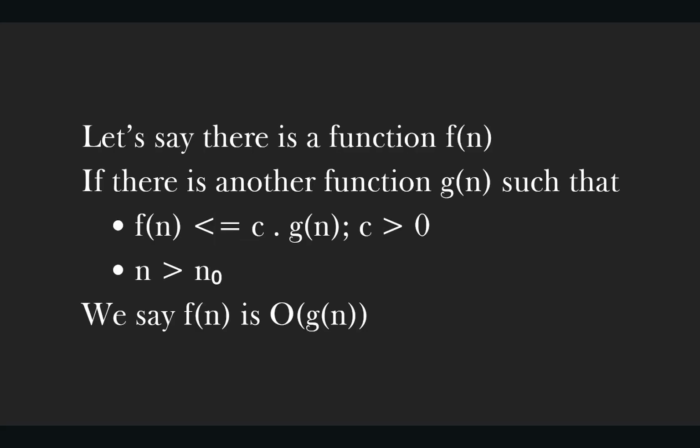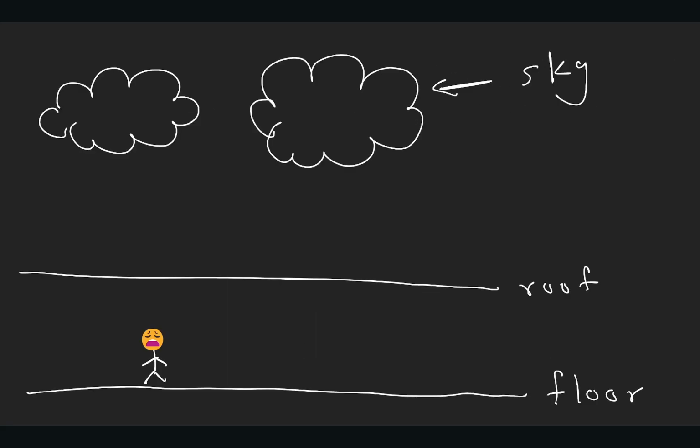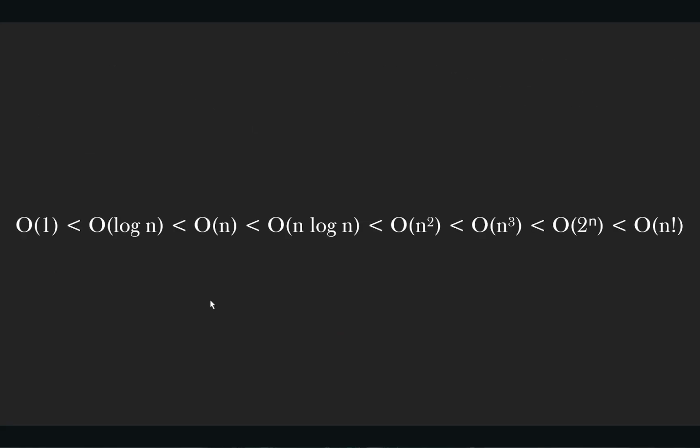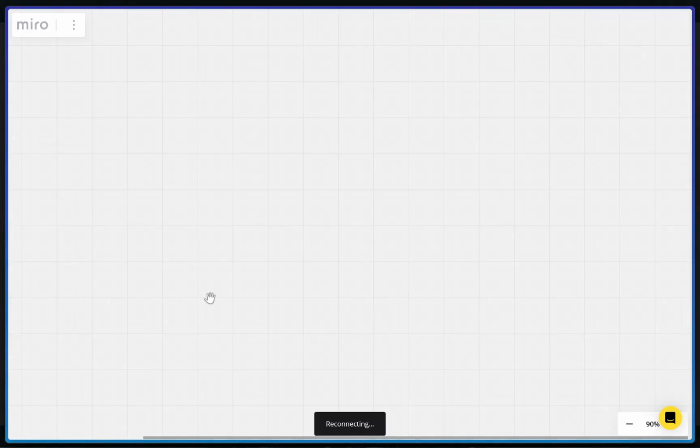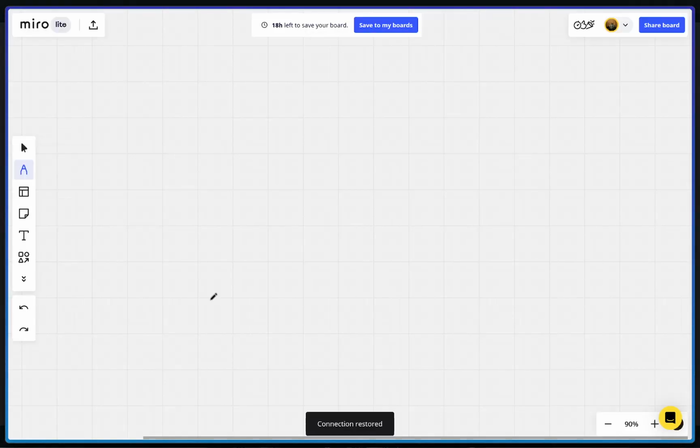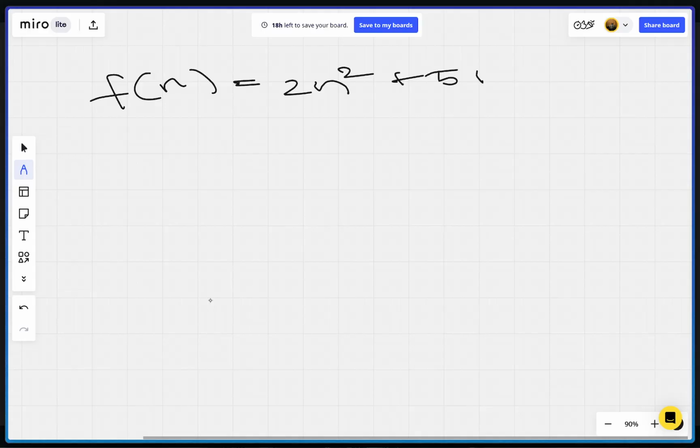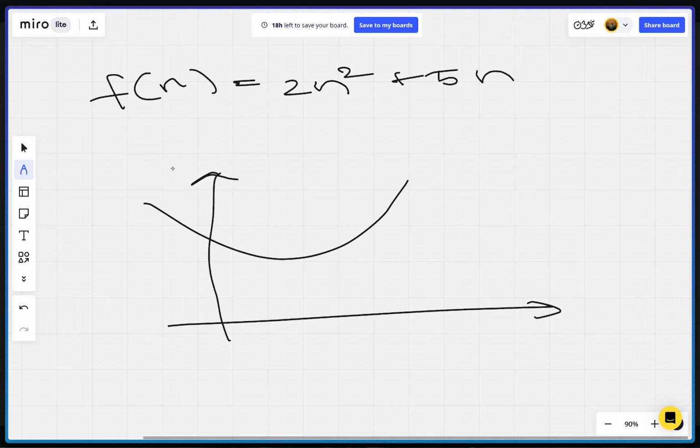So let's take a quick example. Let's say we have fn equals 2n squared plus 5n. If I draw the graph, it's not very accurate, but it's going to look something like this.